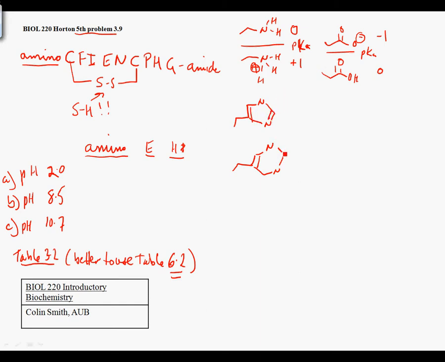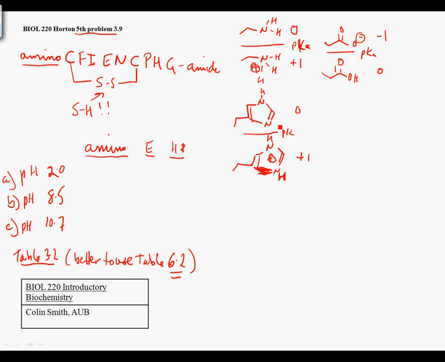Below its pKa, both nitrogens will be protonated. Sorry, that's one bond there. Above its pKa, it will be neutral. So it has only these two forms: positively charged, plus one, or neutral above its pKa.